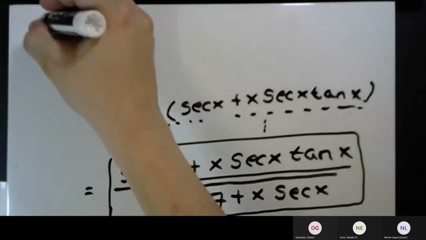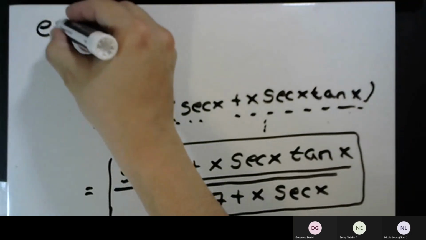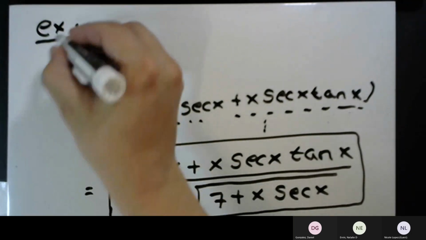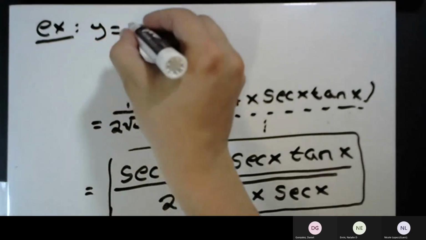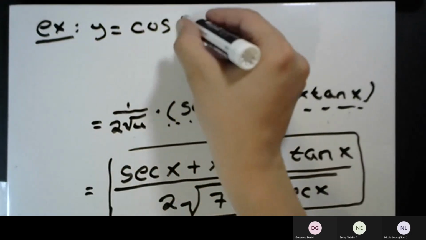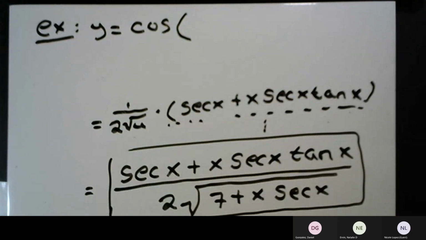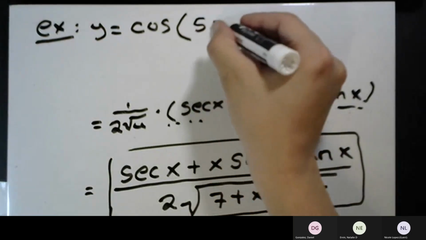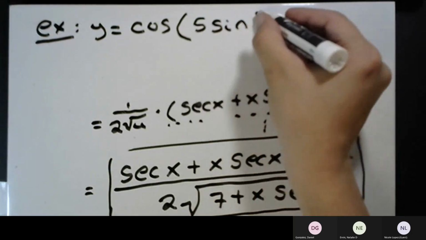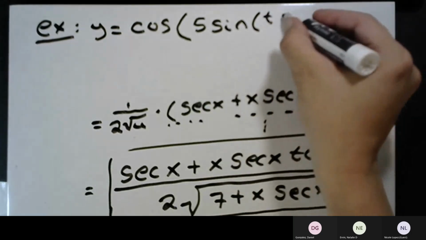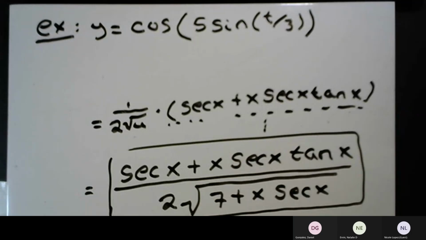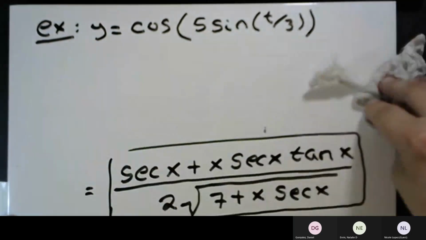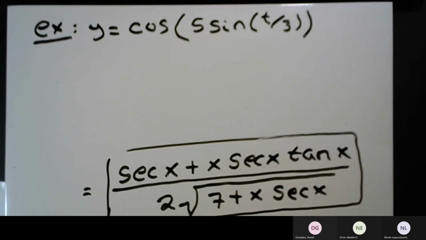Now, sometimes things can get kind of buried in here. Let's say we have y is the cosine of 5 sine t over 3. So in this case, things are pretty buried.